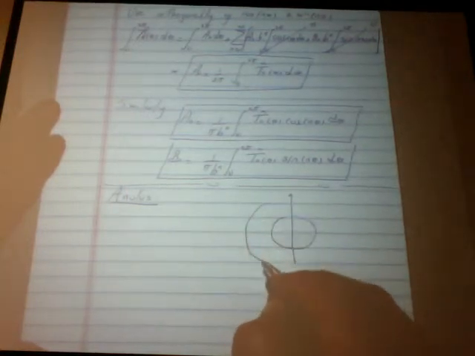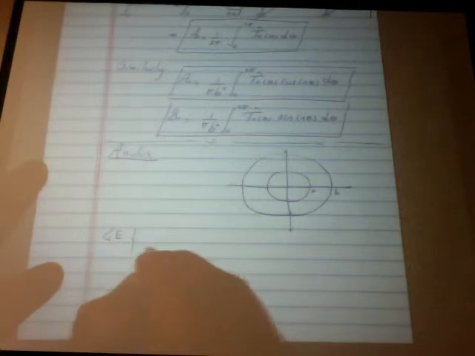Now if we have an annulus, a hollow cylinder, let's say that this is a and this is b.